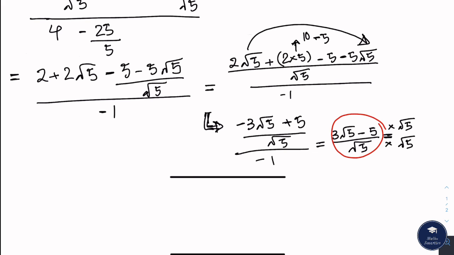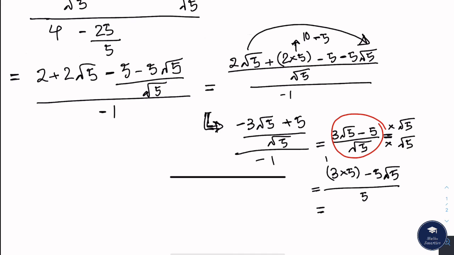Okay, so finally, 3 square root 5 times square root 5 is 3 times 5, and 5 times square root 5 is 5 square root 5 over square root 5 times square root 5. We have been saying the whole video, it is just 5. Final answer, simplify.